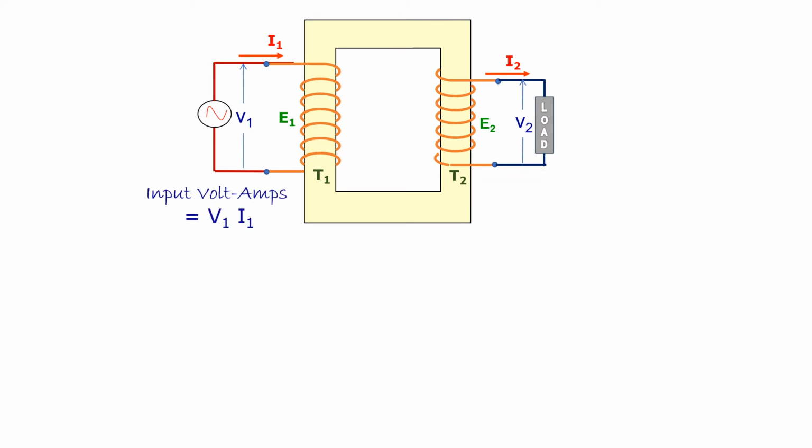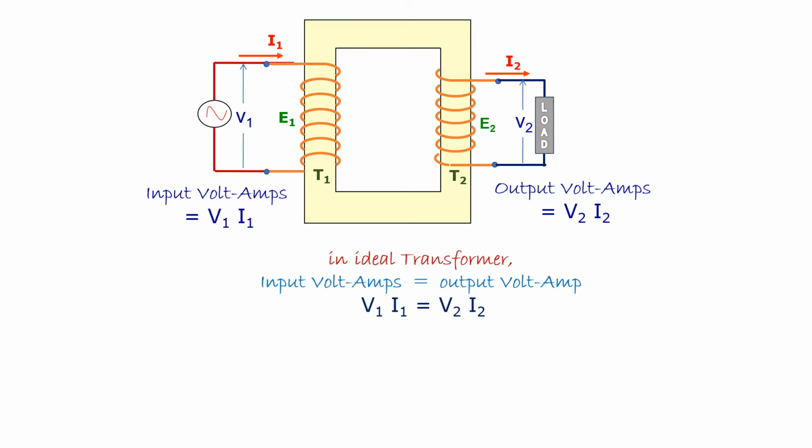The input power in volt amperes will be equal to V1 into I1. On the secondary side, the output power in volt amperes is equal to V2 into I2. In an ideal transformer, the input volt amperes is equal to output volt amperes. Now writing this as V2 by V1 is equal to I1 by I2.